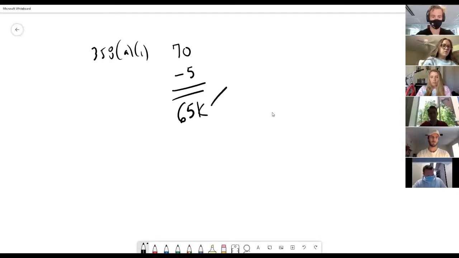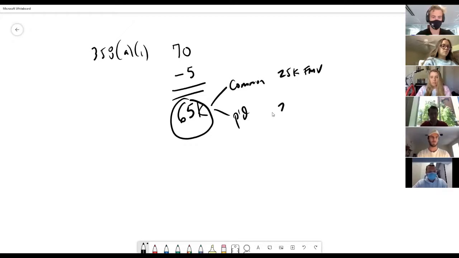It's got to sum to the common and sum to the preferred. And we saw in class under the 358 regs that when you have an aggregate basis under 358(a)(1), you've got to split it among multiple classes of stock. You do it in proportion to their respective fair market values. So the common is worth 25, and the preferred is worth 20. So the common's fair market value is 25 out of 45, and the preferred is 20 out of 45.